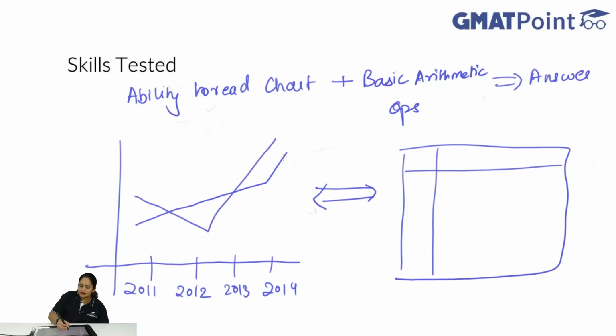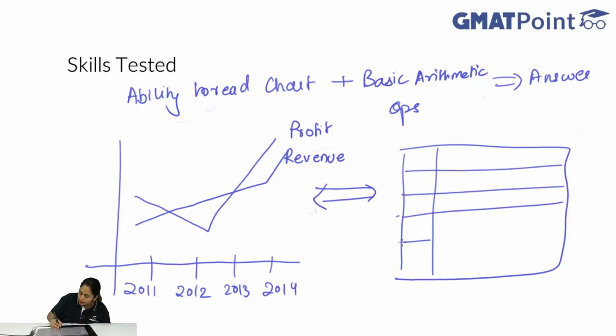Now how do you get this chart in the first place? How did somebody generate this chart? They would tabulate the values for revenue and profit in a table, and then they would say, okay, I have to now plot the chart.